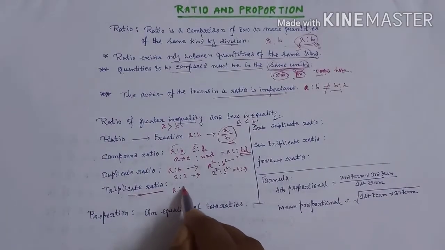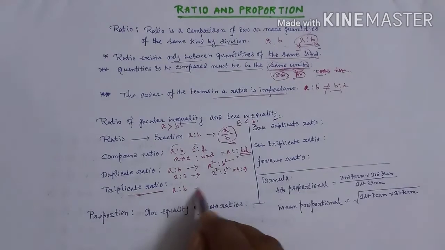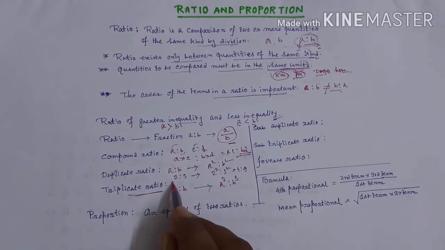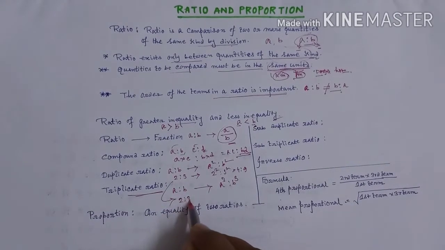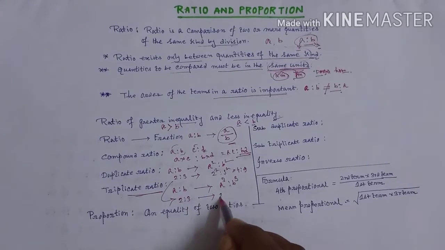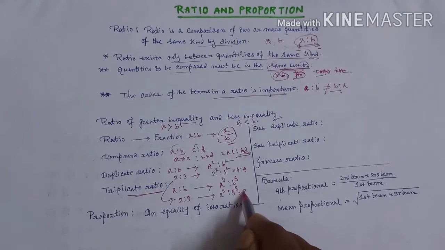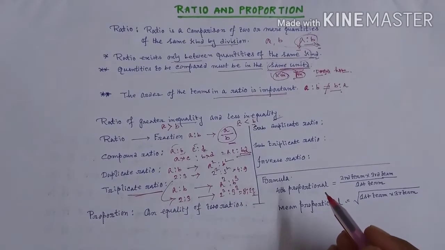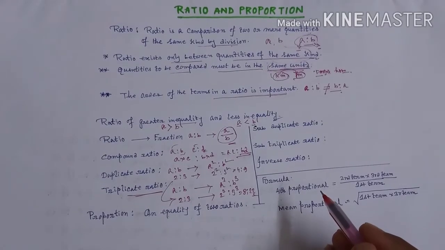If A is to B is a ratio, then its triplicate ratio is A cube is to B cube. Again, if 2 is to 3 is a ratio, its triplicate ratio is 2 cube is to 3 cube, that means 8 is to 27.